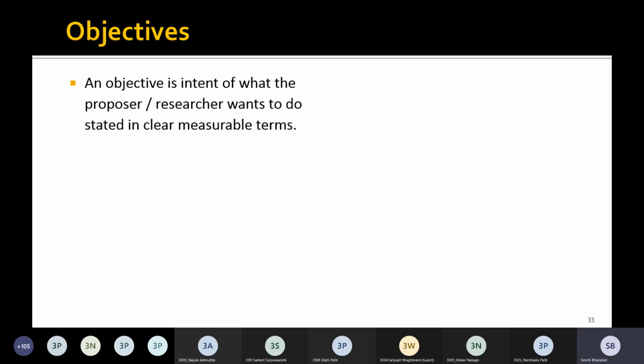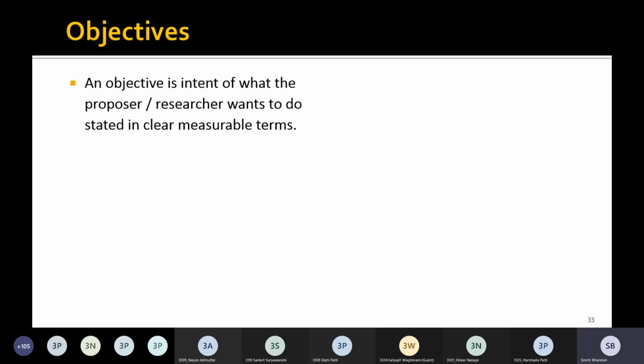So objective actually focuses upon the intent of the proposer very precisely, what the proposer wants to do to solve the problem. So objectives are written in terms of very specific objectives, and these objectives are meant for solving the problem that we have stated, and that objective needs to be clearly measurable.